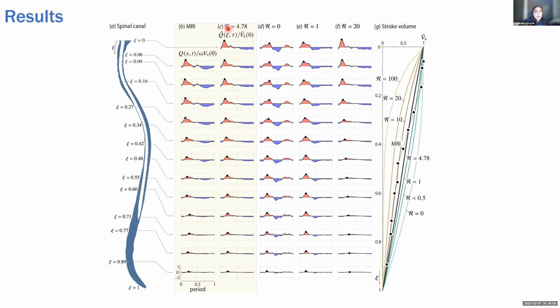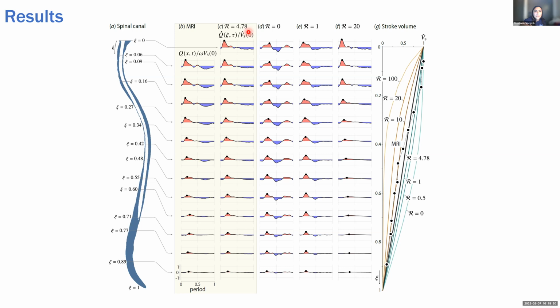This value basically comes from our understanding of the porosity or permeability of the spinal canal based off of other reports. So this was an estimate based off of other reports.